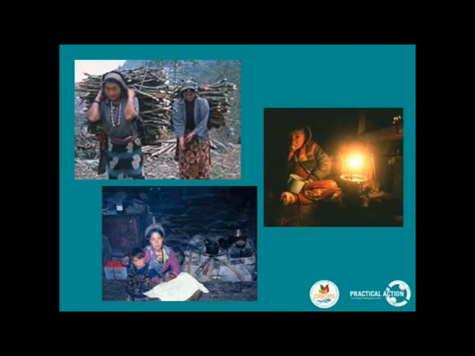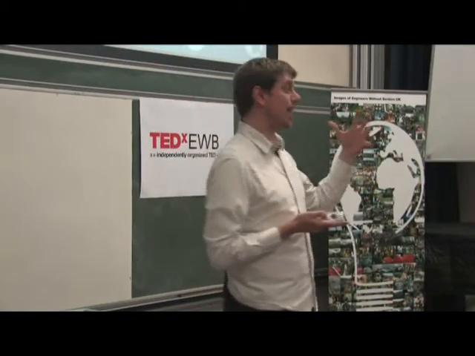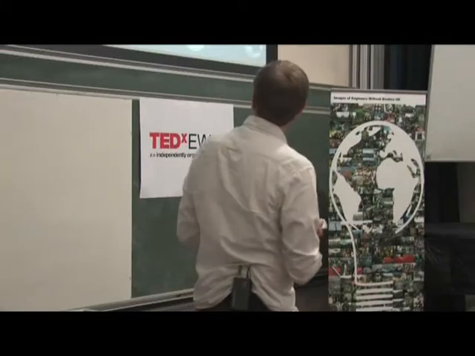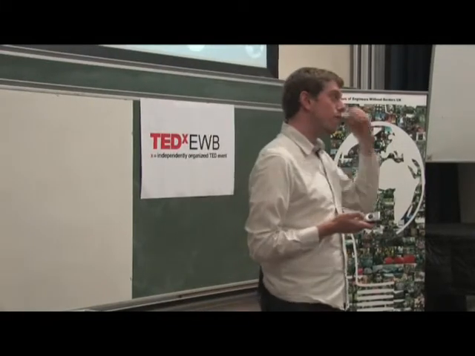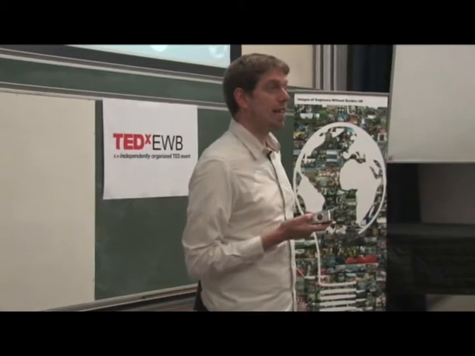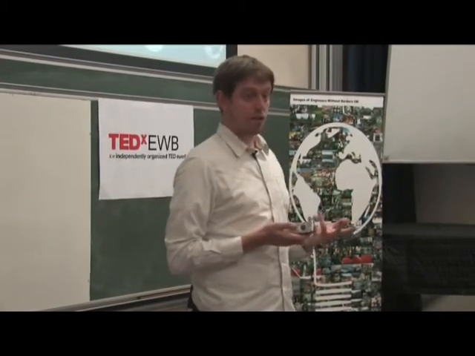Huge issues in terms of time lost, drudgery, waste, links with deforestation around densely populated areas, and also safety. This is the time when women are attacked and raped in places like Darfur. The other implication of dependence on firewood is in cooking, in indoor air pollution, in smoke.